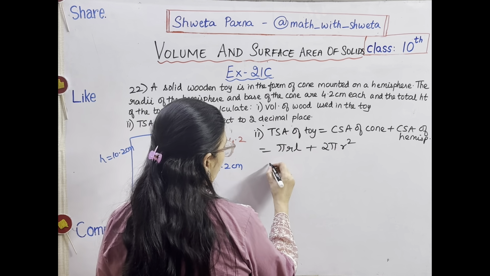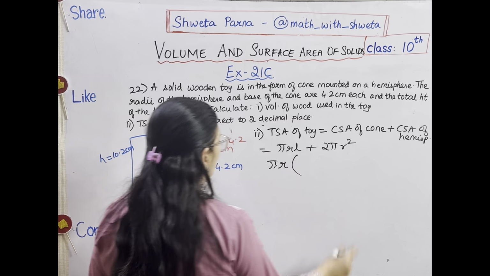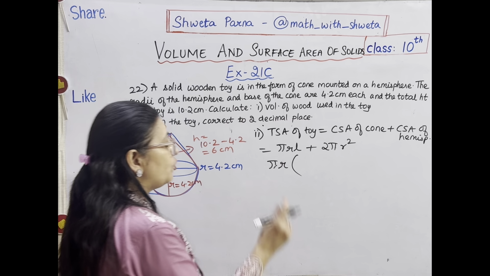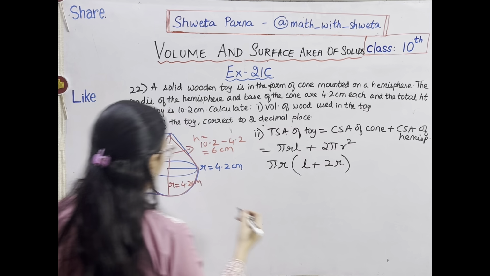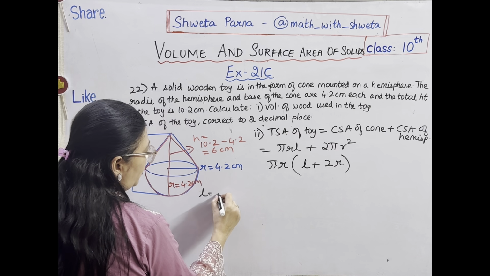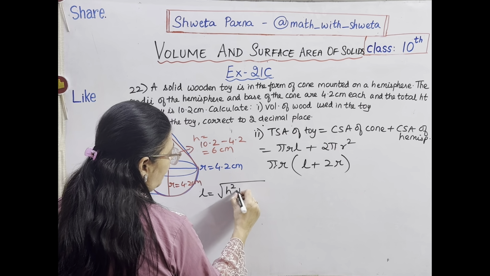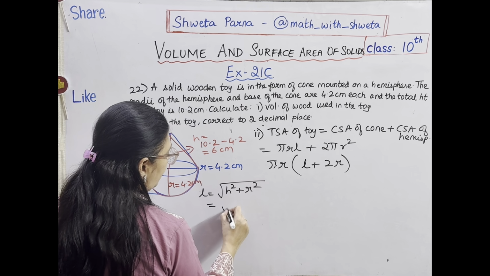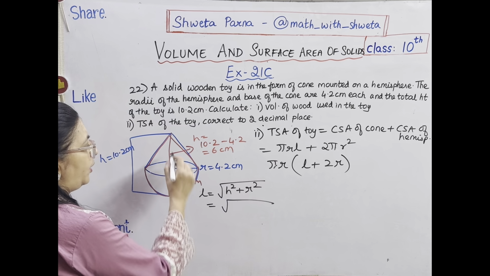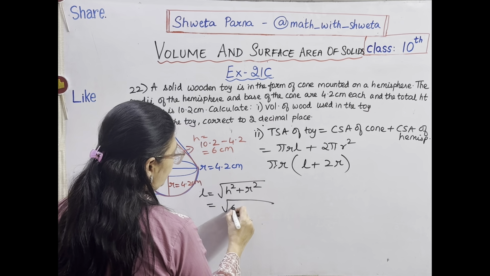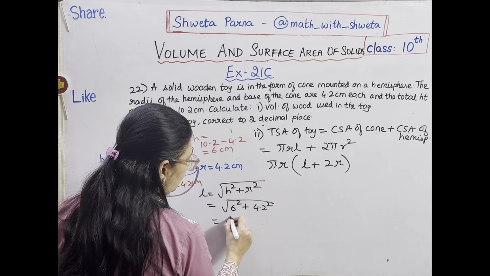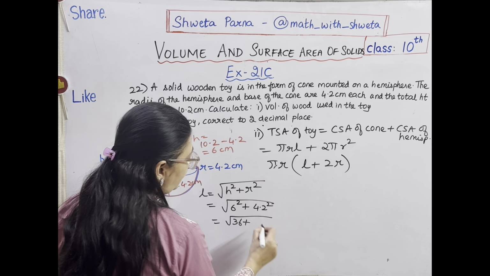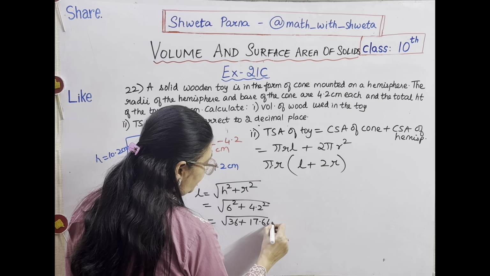Pi and radius you can take as common. Now do you know L? No. So first thing you need to find L. Okay. Let's find L. L is equal to square root of h square plus r square, which is equal to, what is the height? Height of the cone is 6. So 6 square plus radius 4.2 square, which is root 36 plus 17.64.